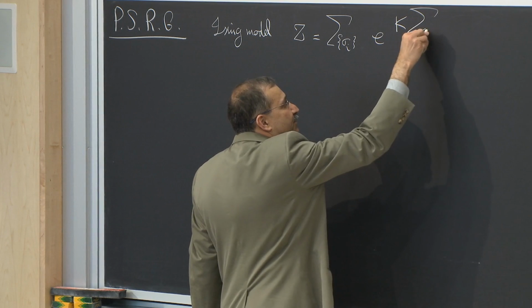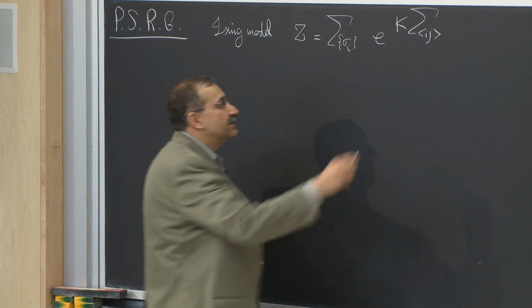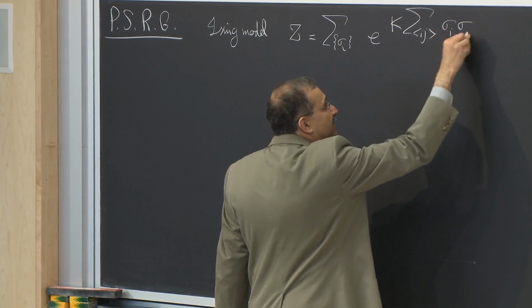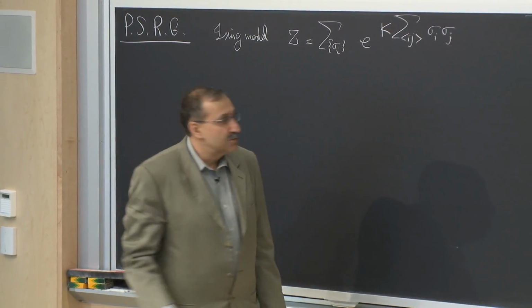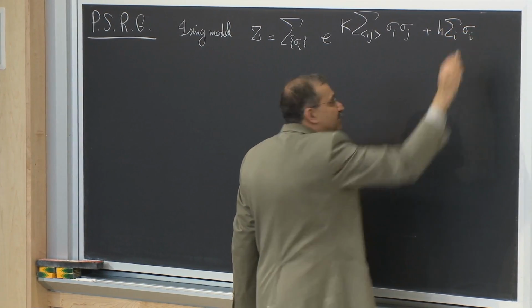And this next to each other we indicated by this nearest neighbor symbol, sigma i, sigma j. Potentially we may want to add a magnetic field-like term that breaks the symmetry also.